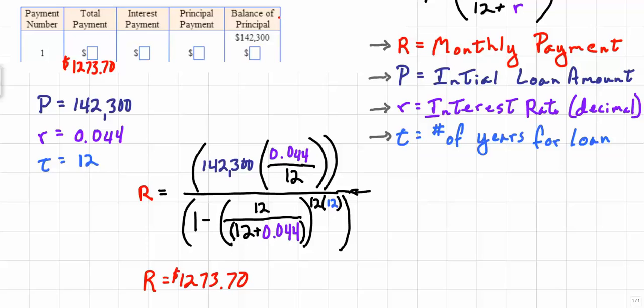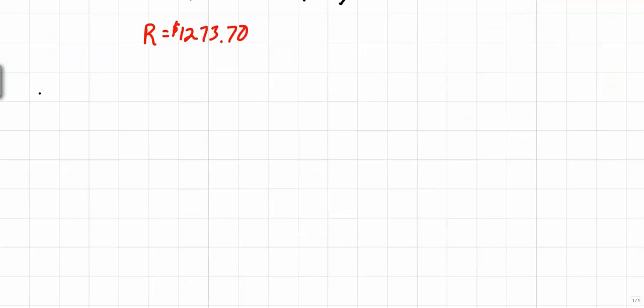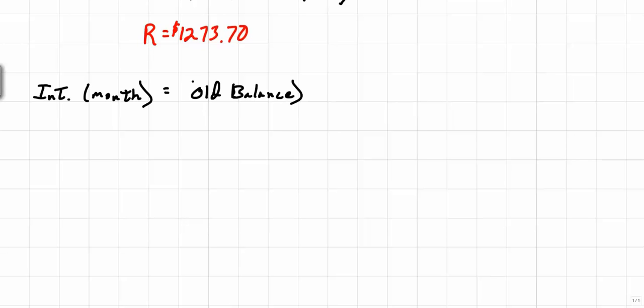So next we will use the following formula. To do this, we're going to talk about interest for the month, so INT, and we'll do that for the month. And that's going to be equal to the old balance of principal, so old balance, and we're going to multiply that by the annual interest rate, so interest rate, and we're going to multiply that by 1 over 12, because that's how much of a year we're looking at for the payment.